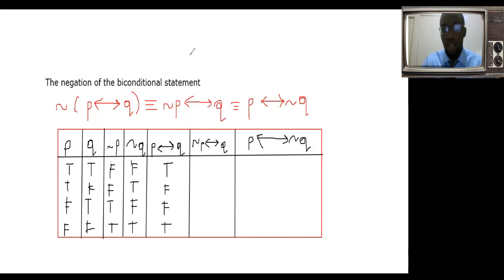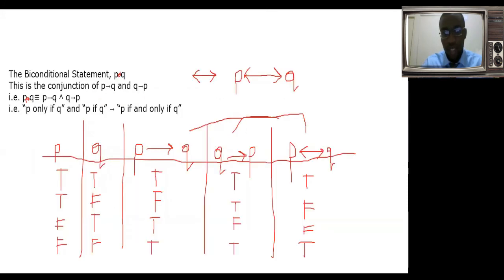And this result we generated from right here: true, false, false, true. Again, whenever both P and Q are true, the biconditional statement is true, or whenever both are false, it is also true.